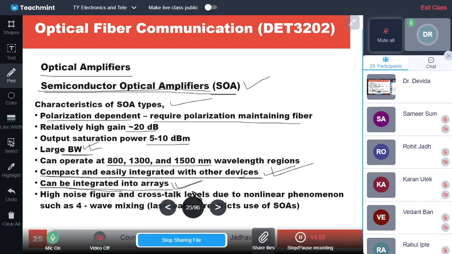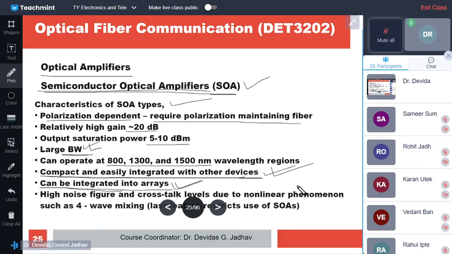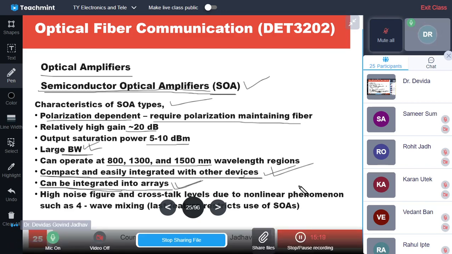And crosstalk levels due to non-linear phenomena. Crosstalk we have discussed in the very first point, and crosstalk is known to you from digital techniques, digital communication also. The advantage is that the optical fiber is not radiating anything out, so from one fiber to other fiber, no signal can get connected.